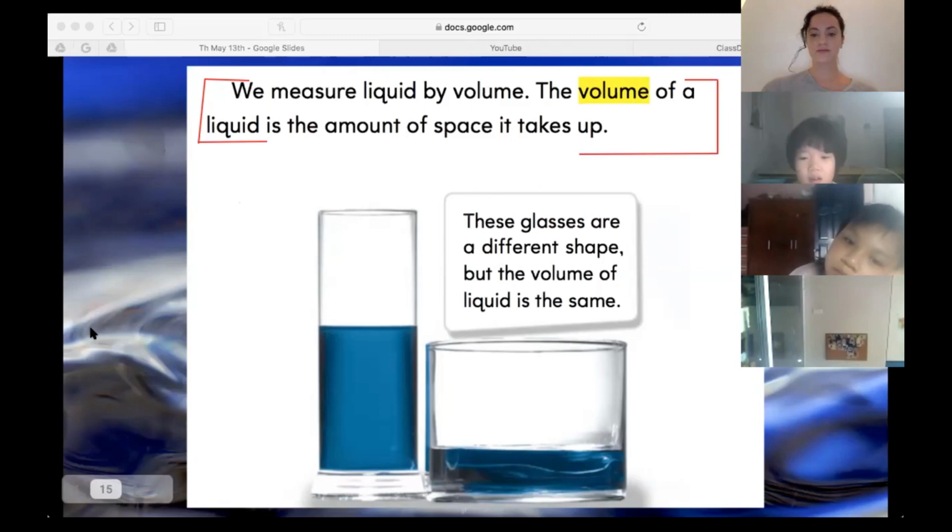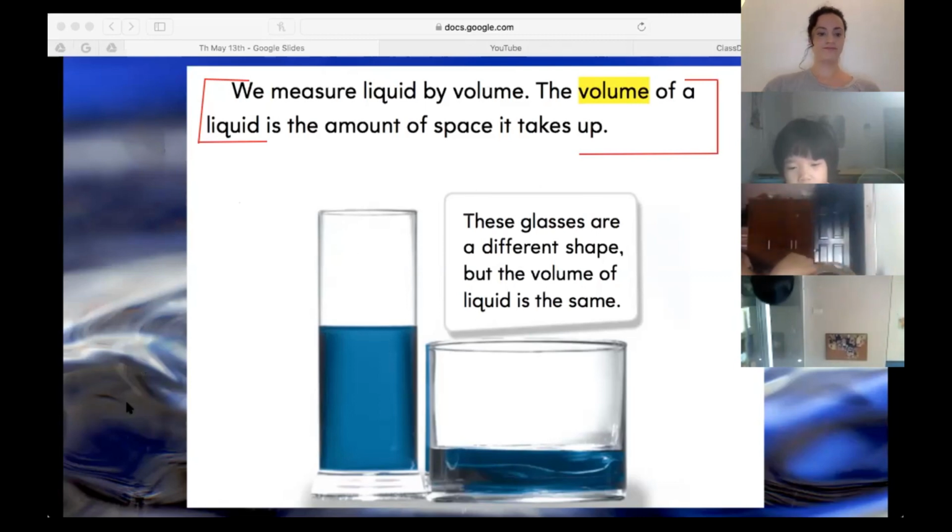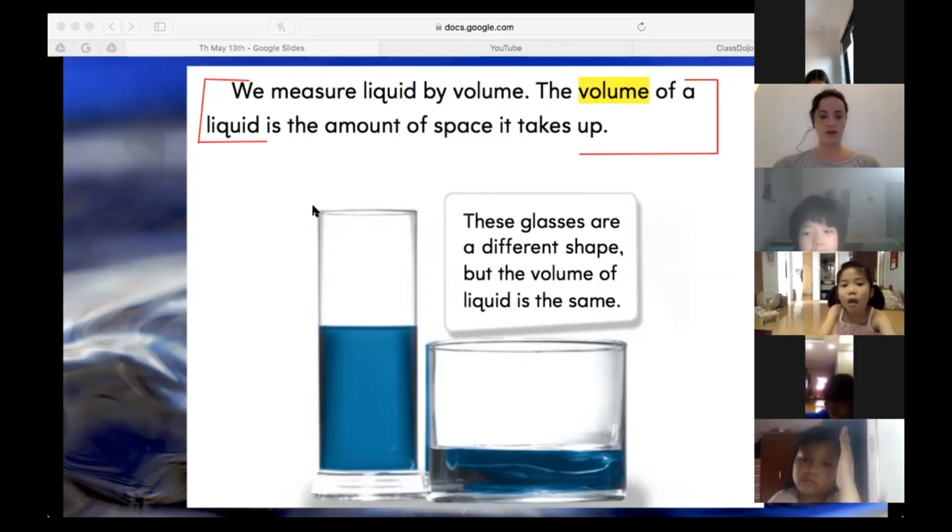These glasses are a different shape, but the volume of the liquid is the same. Excellent. So, everyone take a look at these glasses. What do you think? Sophia, are they the same or are they different? The volume of the liquids is the same.